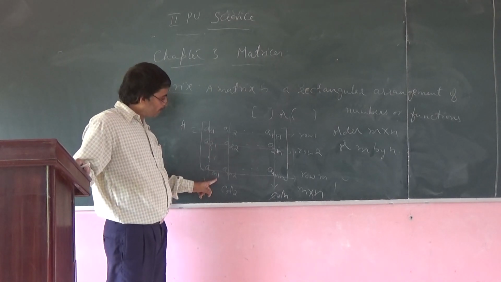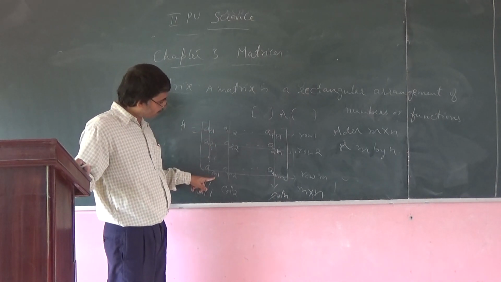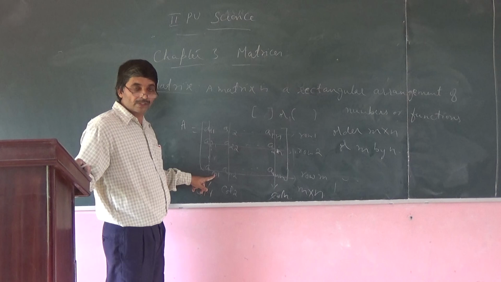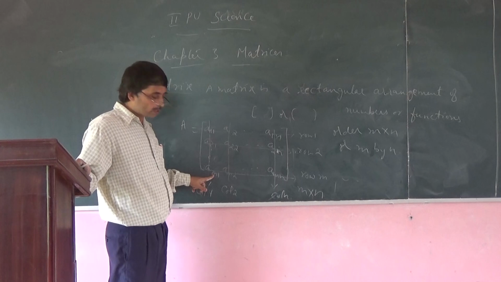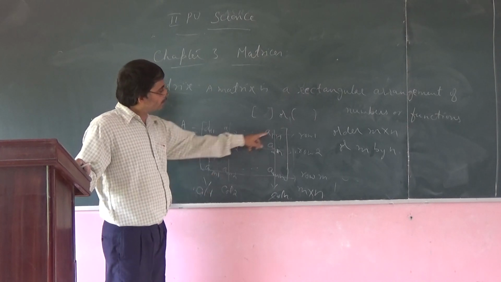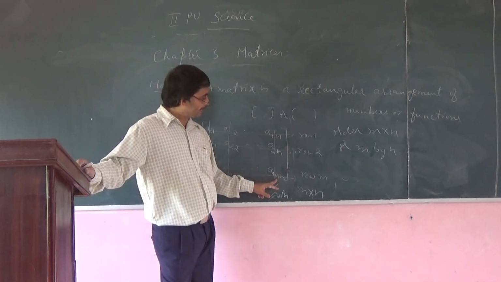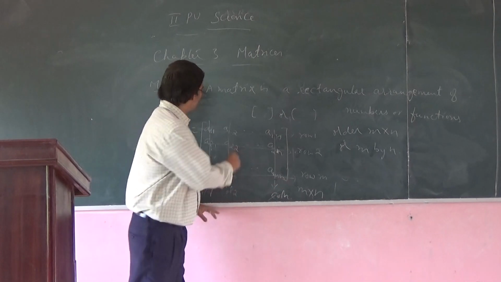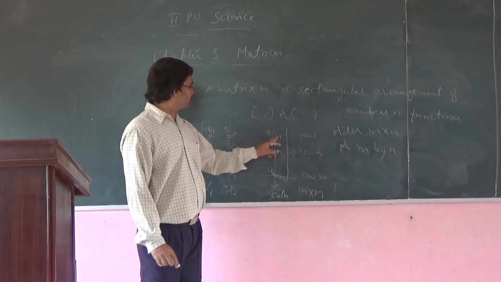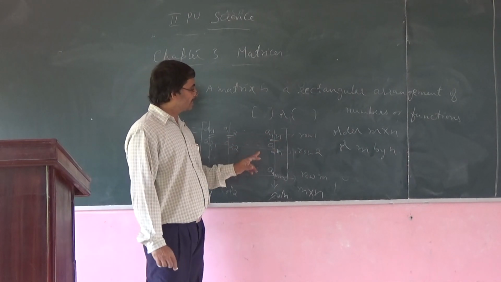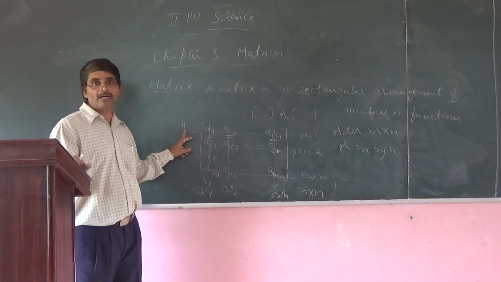Am1 means mth row, first column: row number is m, column number is 1. What about Amn? That is the mth row, nth column element. These are all called elements of the matrix A, and this matrix is of order m cross n.